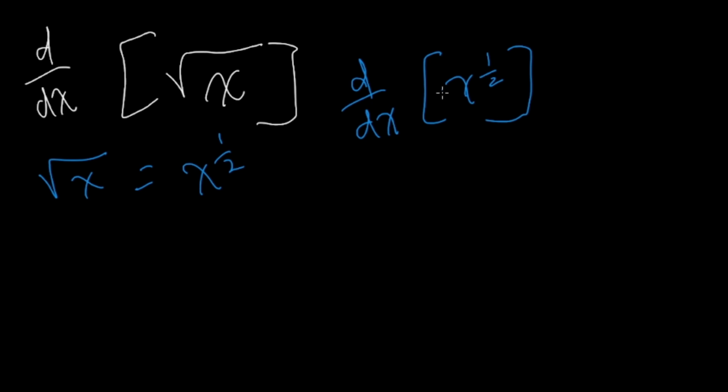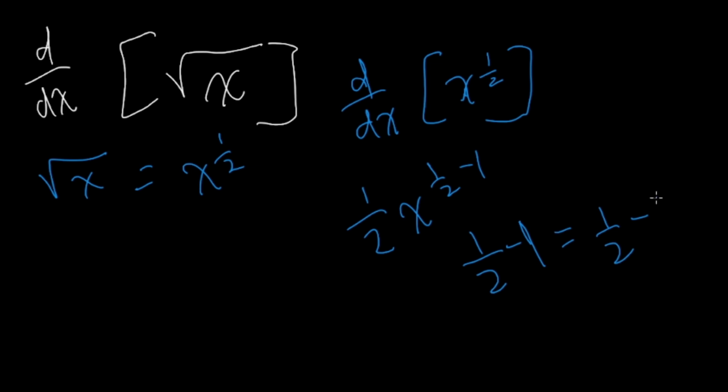When we take the derivative of x to the power of 1 over 2, we get 1 over 2 times x to the power of 1 over 2 minus 1. 1 over 2 minus 1 is the same as 1 over 2 minus 2 over 2. Hence, the exponent is negative 1 over 2. This becomes 1 over 2 times x to the power of negative 1 over 2.